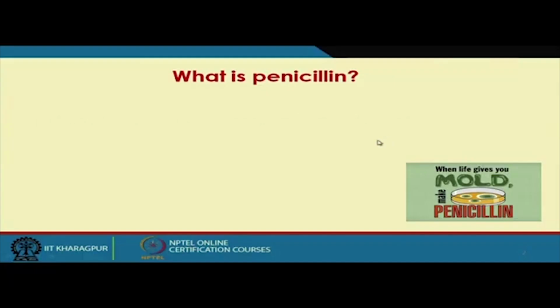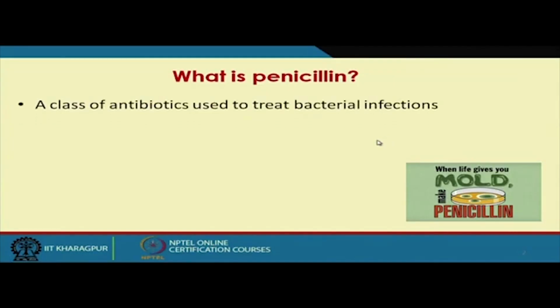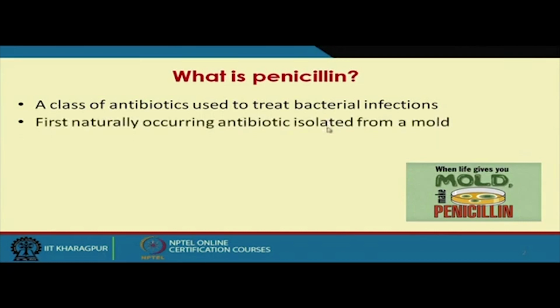And the first question that arises is, what is penicillin? Penicillin is a kind of antibiotic used to treat bacterial infection, because antibiotics kill the germs actually. It was the first naturally occurring antibiotic, isolated from mold.